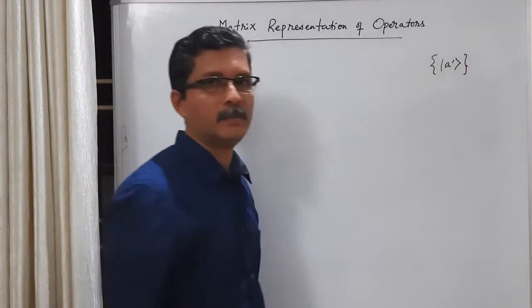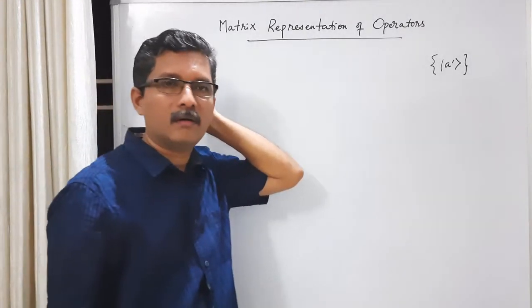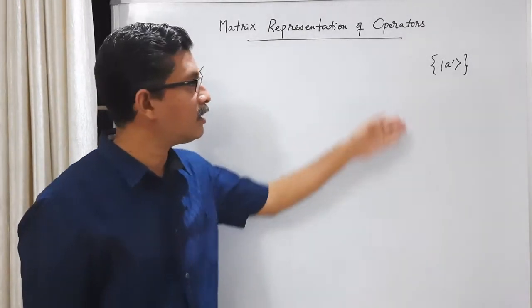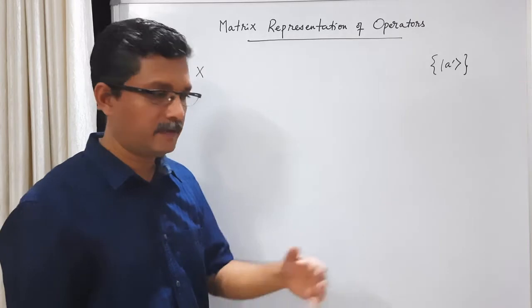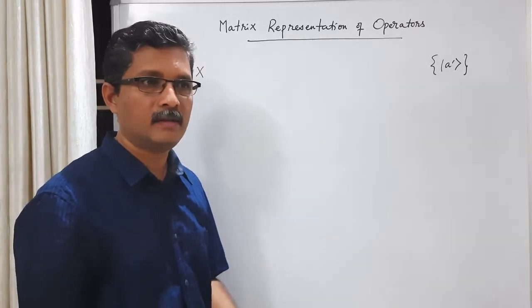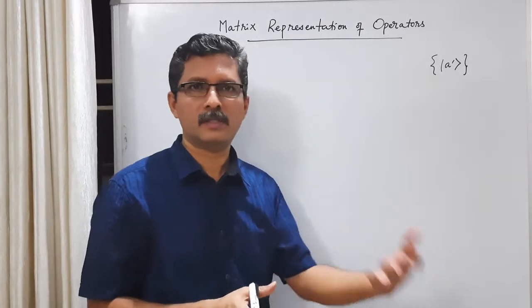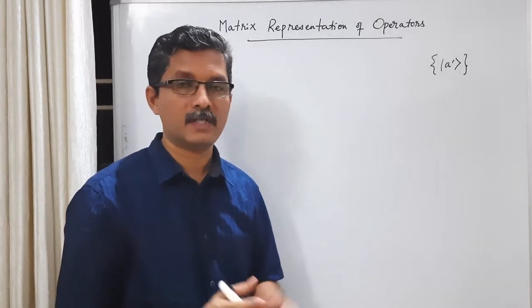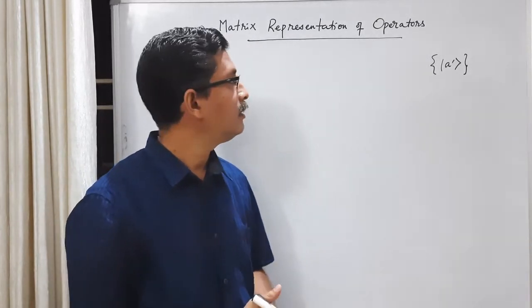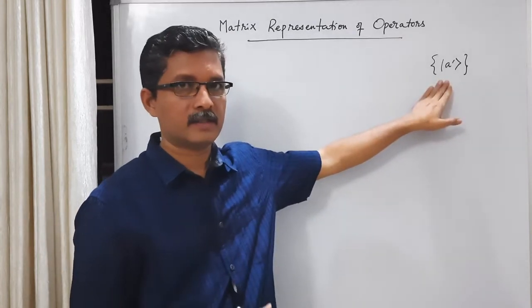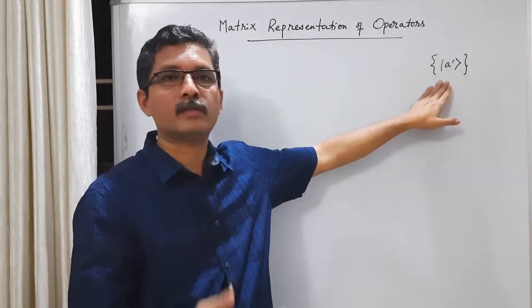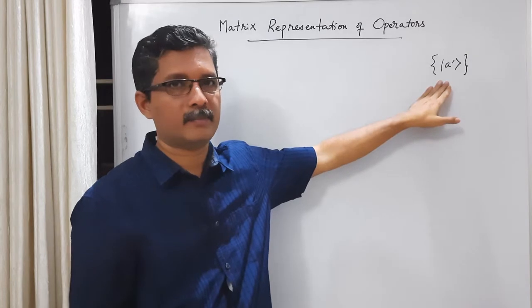It's a basis for the n-dimensional space, so there are n such. When we say basis, it means that the number of basis vectors is equal to the dimension of the vector space. It should be a complete set. So there are n vectors here: ket 1 prime, ket 2 prime, etc., up to ket n prime.